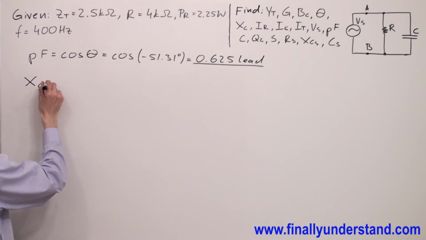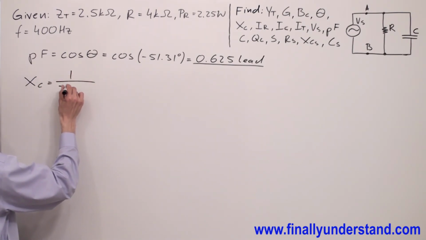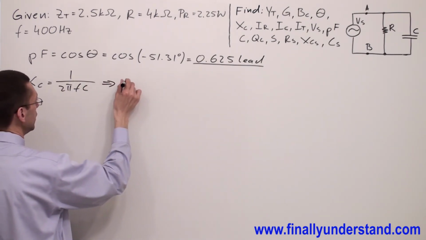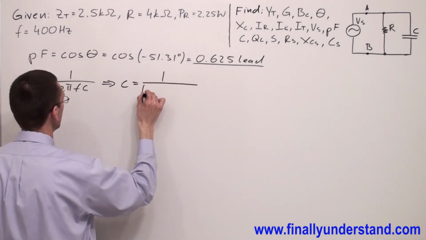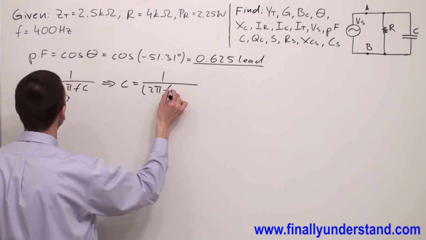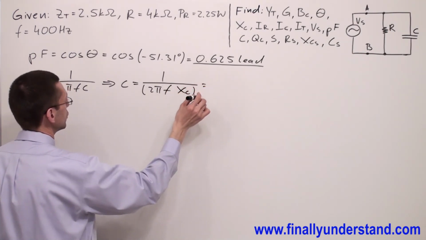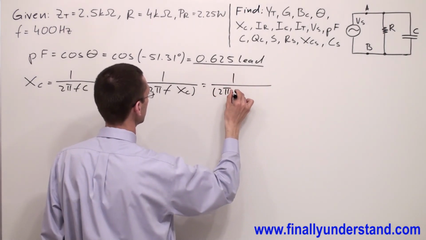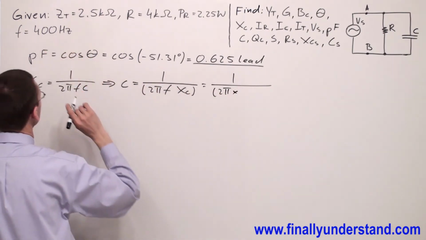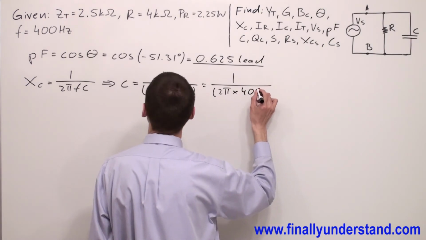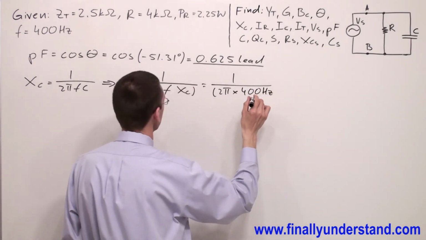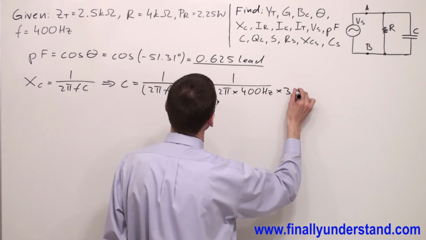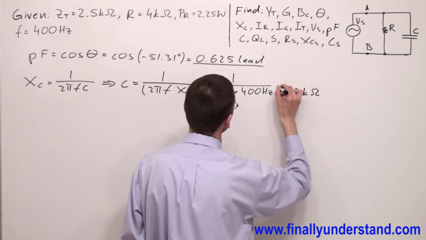XC is equal to 1 over 2 pi f C. I have to solve this formula for C. So C is equal to 1 divided by, open parenthesis, 2 pi times f, which is equal to 400 hertz, times XC, which is equal to 3.2 kiloohms.